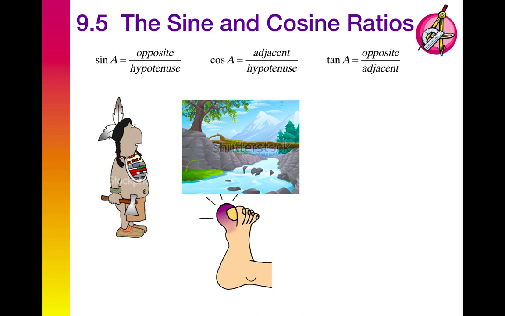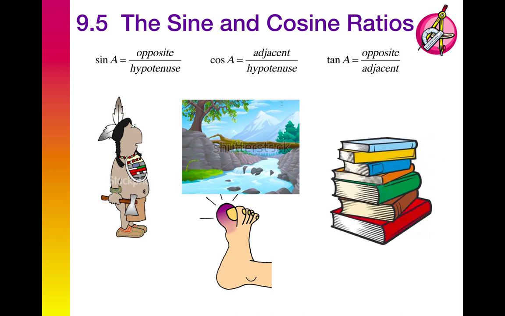It just swells up. So he goes to the creek, puts it into the creek, and lets the cold water run over his foot. And he goes back to the tribe, and he tells them about his problem, and he shows it to the medicine man, and they bandage up his foot. A little while later, after studying a lot of trigonometry, they decided that they would give him a new name, and he became chief of the tribe.